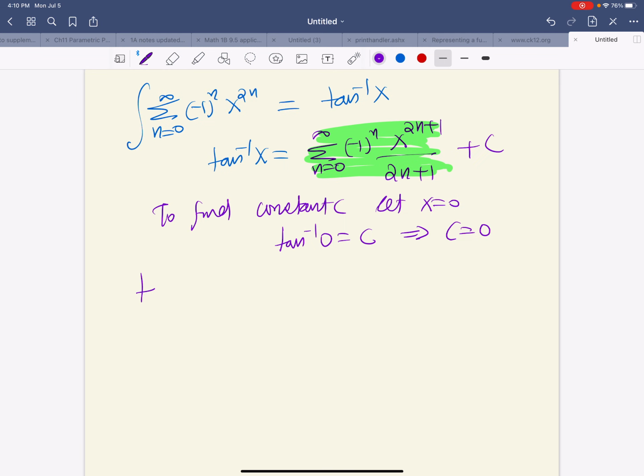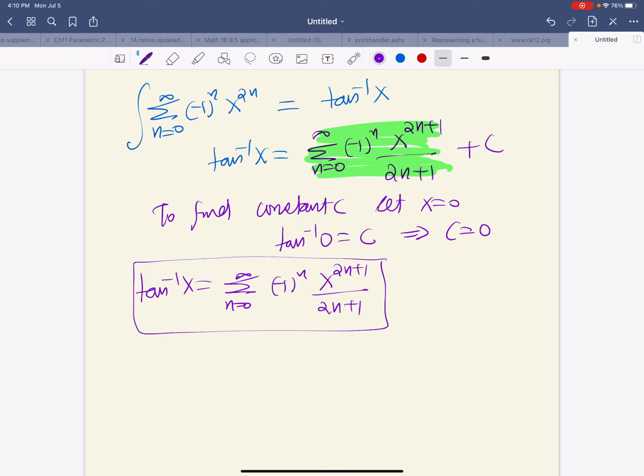So we can say the power series for tangent inverse x is equal to summation n is equal to 0 to infinity negative 1 to the power n, x to the power 2n plus 1 over 2n plus 1. That's the power series for tangent inverse x. We can write the first few terms. Starting with n is 0, it is x over 1, and when n is 1, it would be negative x to the third power over 3.